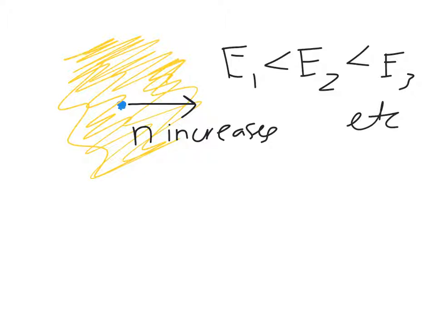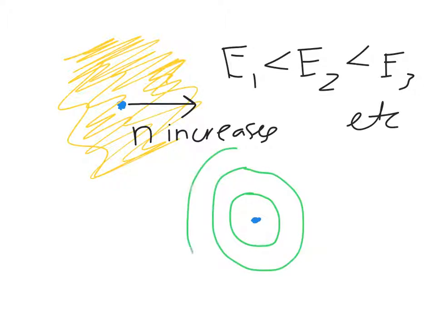We can also make another representative model of what this is like. Again, we could start with our nucleus in the middle, and then draw energy levels around it, represented by spheres. Here's energy level 1, and so electrons anywhere within this area would be energy level 1.